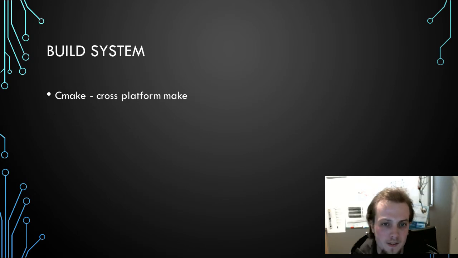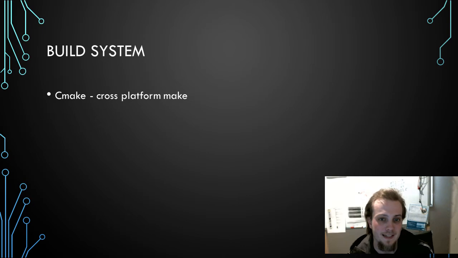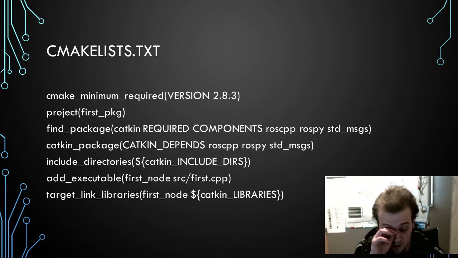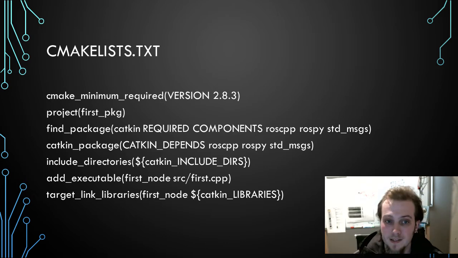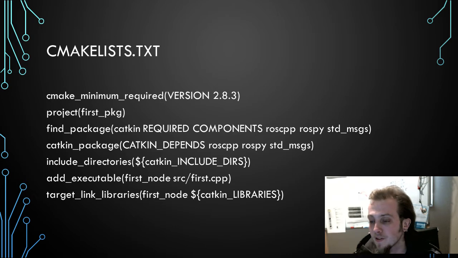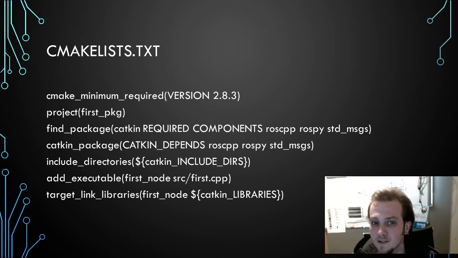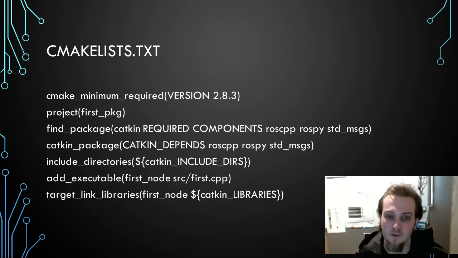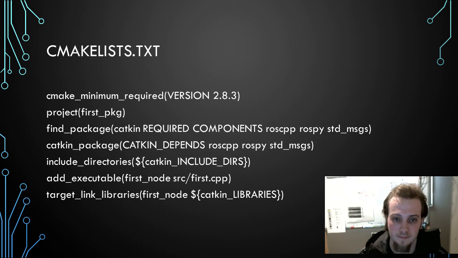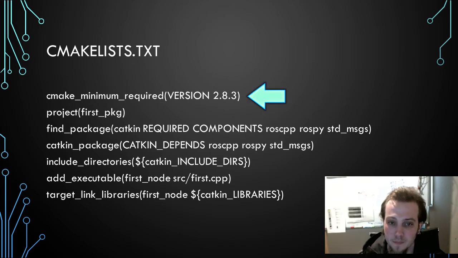So what must the CMakeLists.txt include? Well, this is actually going to depend on what language you use, your dependencies, and some other things that you're going to have to research. But for basics, given the example here, we have the first line, the CMake minimum version.